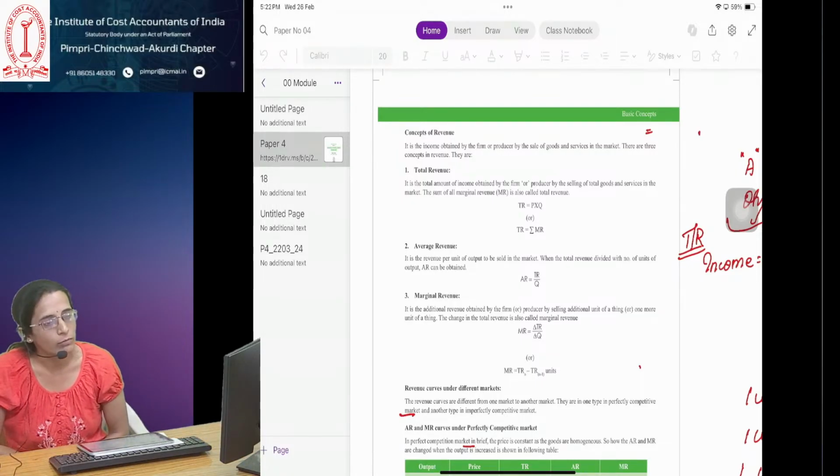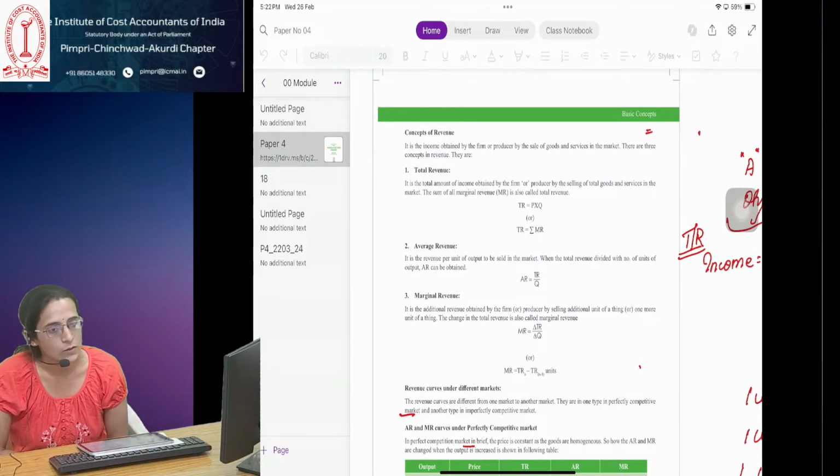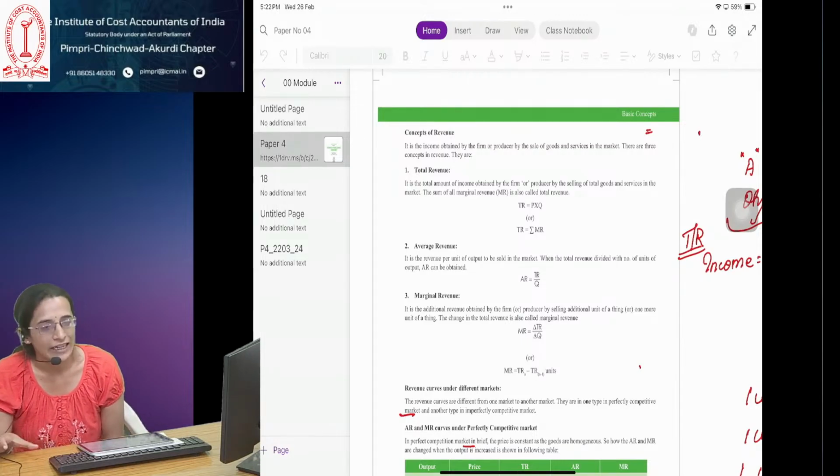The revenue that we get by aggregating or summing up all the revenue of the products. Suppose Tata Motors is selling Nano, Nexon, Indica and other Tata related products or goods.